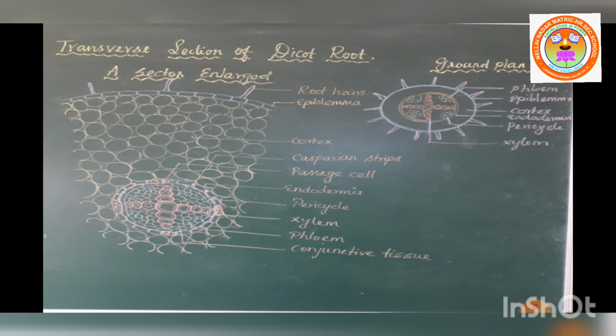Cortex, endodermis, pericycle, pith are the ground tissue system, then the vascular bundle is the vascular tissue system. So all three different types of tissue system group to form an organ. It's nothing but the dicot root.